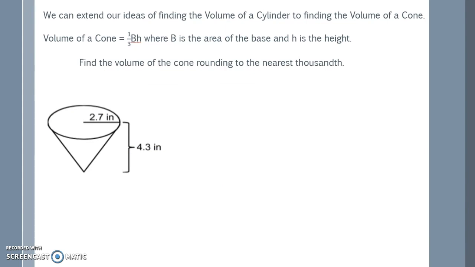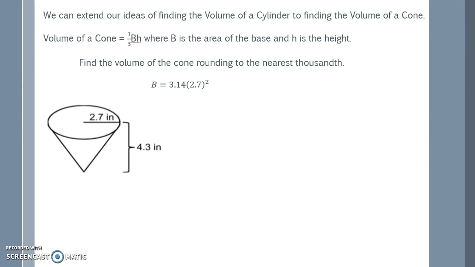We can extend our ideas of finding the volume of a cylinder to finding the volume of a cone. The volume of a cone is 1/3 the area of the base times the height. So find the volume of the cone rounding to the nearest thousandth. The area of our base is still the area of a circle, so pi r squared.